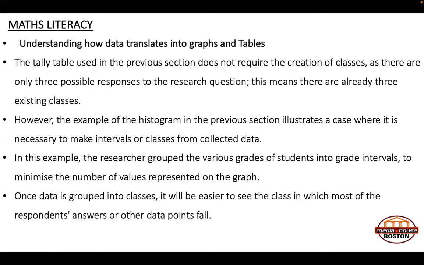So maybe I'm going to try to do that today and see if I get it right. I will try to group it in those percentages and see if it comes out correctly. I was trying a lot with it, but I couldn't get it right. Here we can see there are intervals or classes from the collected data, and the researcher grouped the various grades of students into grade intervals to minimize the number of values represented on the graph.